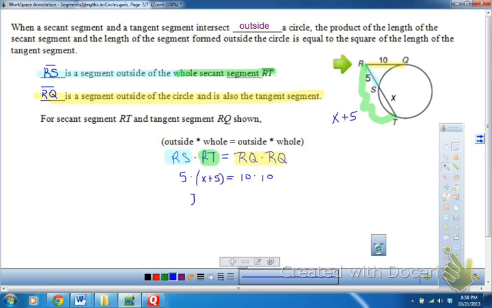So you have 5x plus 25 equals 100. Subtract the 25, you get 5x equals 75, and then divide by 5, and you have 15.